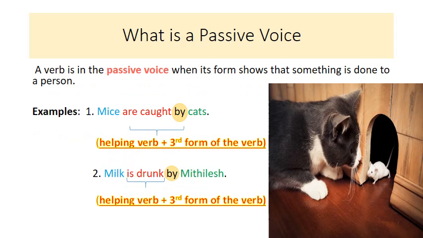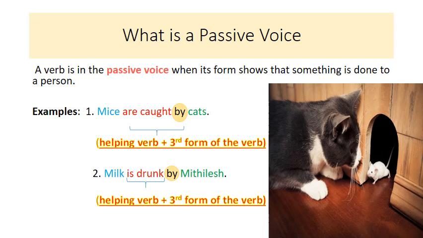Dear children, in active voice, we learnt that subject is the doer of the work, or a subject acts upon its verb. But in the passive voice, the subject is the recipient of a verb's action.